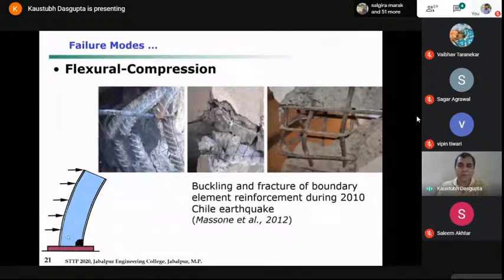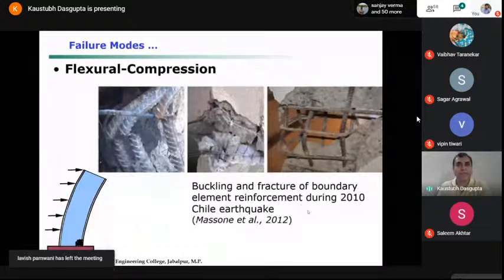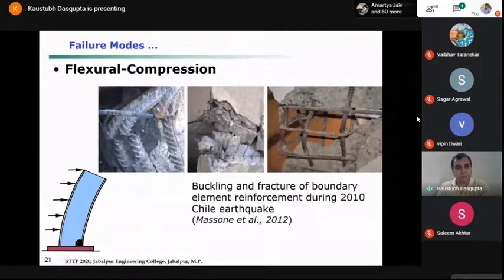That's what happened in the 2010 Chile earthquake, or Maule earthquake. A large number of boundary elements got this type of crushing. So the concrete gets crushed. Sometimes the bending has been so much that the bar also got fractured. This is very unusual, but still something like that has happened.